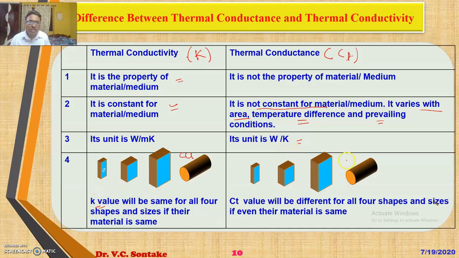But the thermal conductance value will be different. It will be different for this, different for this, different for this, and different for this cylindrical shape, though they are made up of the same material, copper. This is a very important difference you must keep in mind between thermal conductivity and thermal conductance.